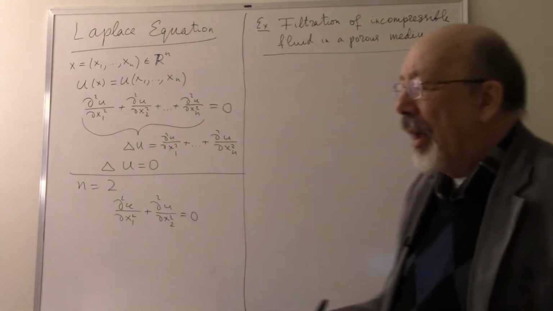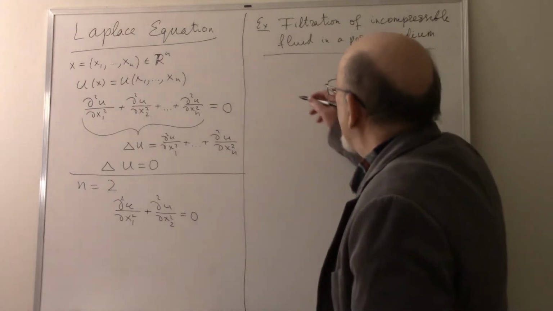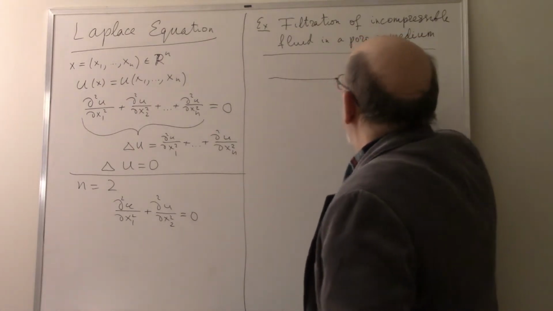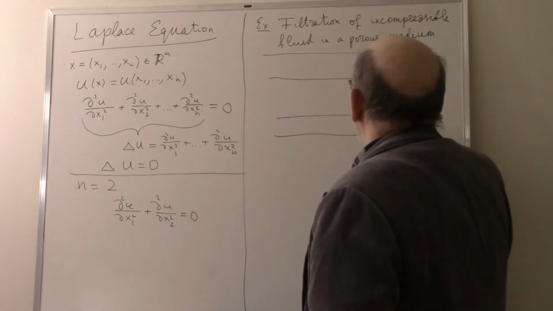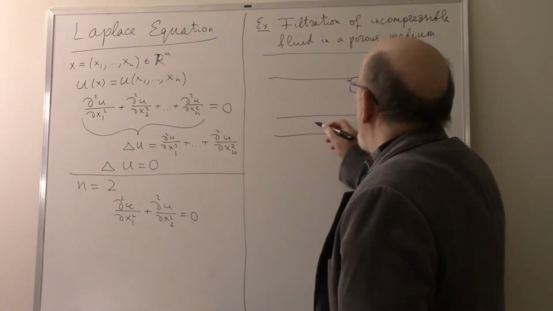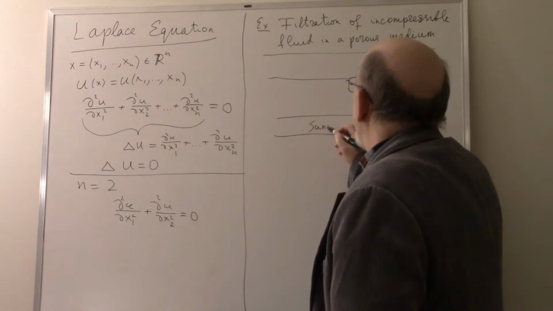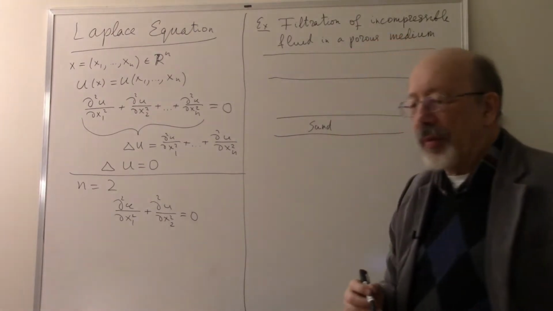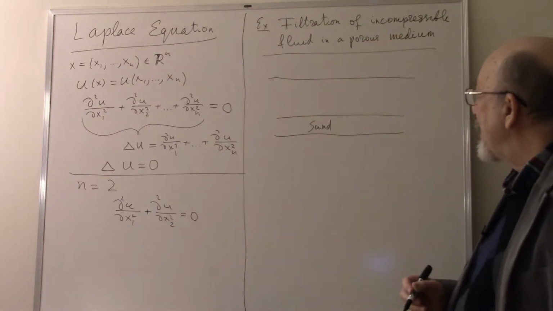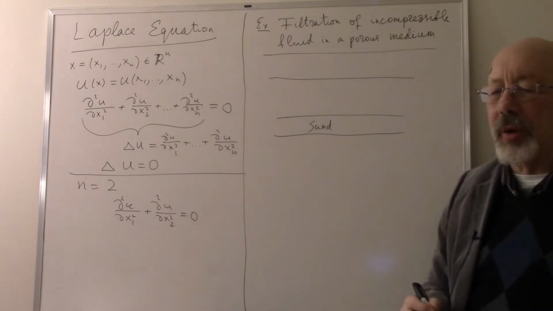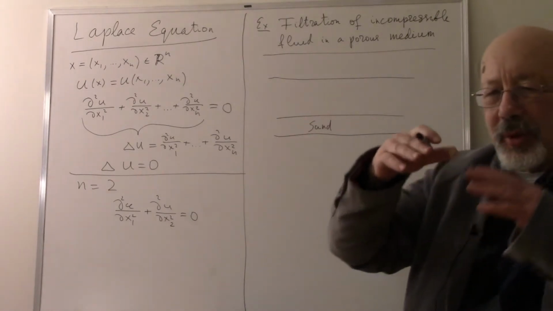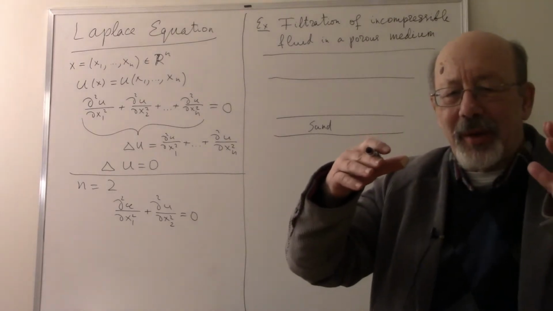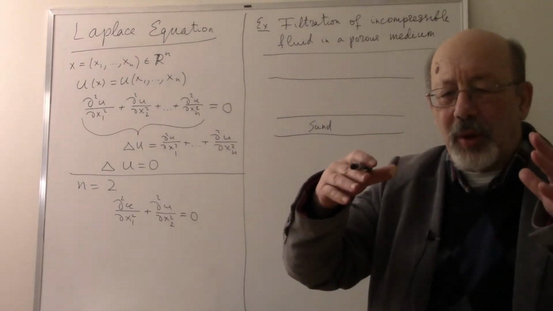And practically we have the following. We have somewhere a subterranean layer of sand, for example, and this sand is saturated with water, so all the spaces between the grains in sand are filled by water.